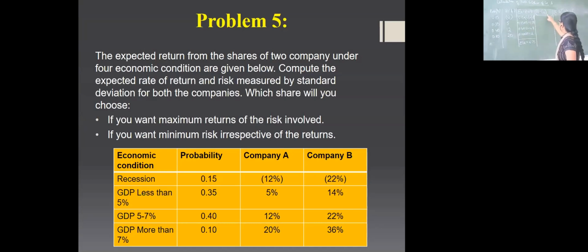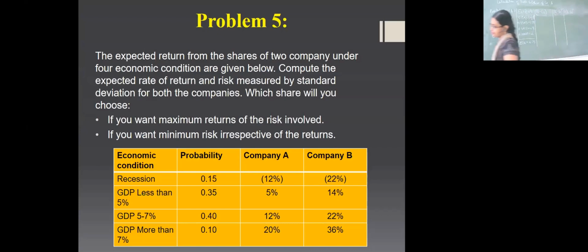Okay, we'll proceed to the next column now: RI minus ER. Whenever you take ER, it is the total of the ER value and not the individual ER. Please remember, here is where we go wrong. Last time also we went wrong here. RI is the individual return of these stocks at the different economic conditions, but ER is the total ER value that we will have to take.